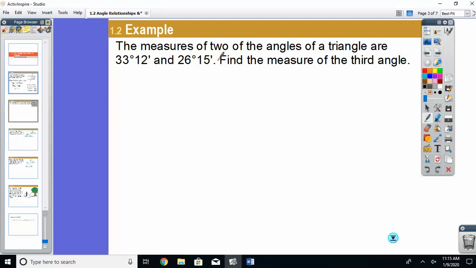You can do 180 minus each of those, or we could add them together first and then just subtract once at the end. Since it's degrees and minutes, let's go ahead and add them together first, and then we'll just subtract.